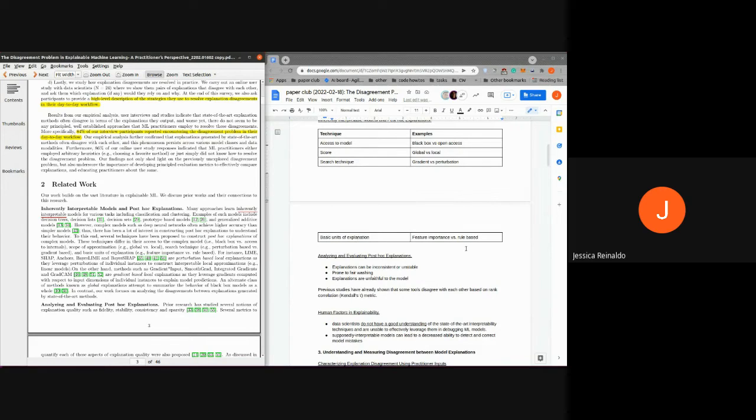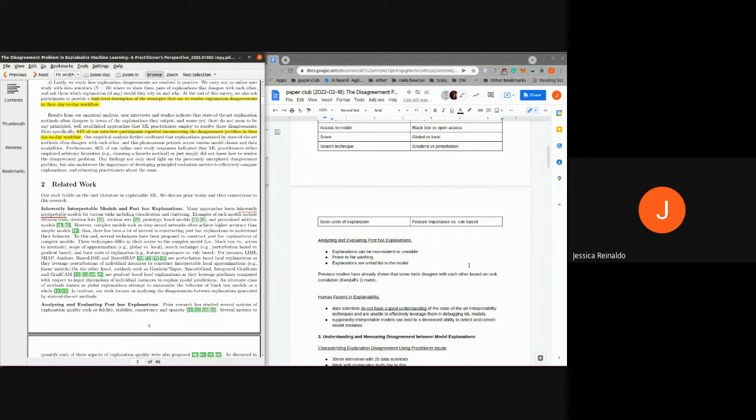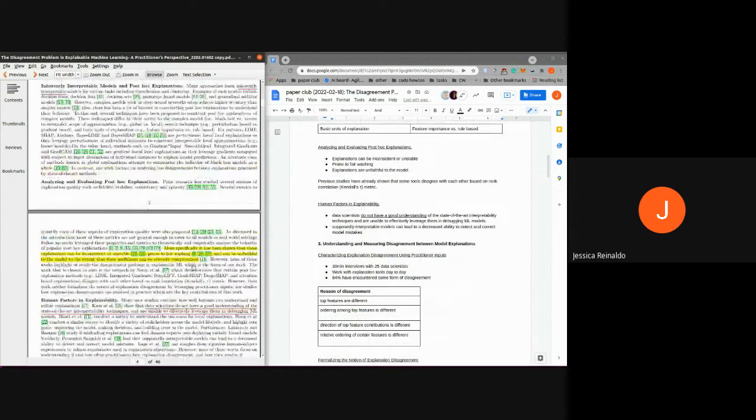Also, the basic units of explanation of these models can be different. Feature importance is more common, but there are also rule-based ones. In analyzing and evaluating these explanations, as I told you, they can be inconsistent, can be prone to fairwashing, attacks, can be even unfaithful to the model. They had a study that has shown that some of these tools disagree on rank correlation.